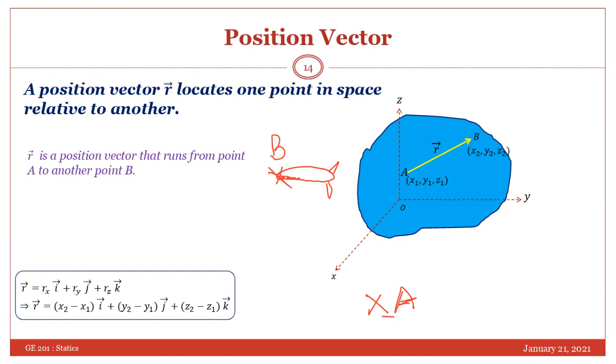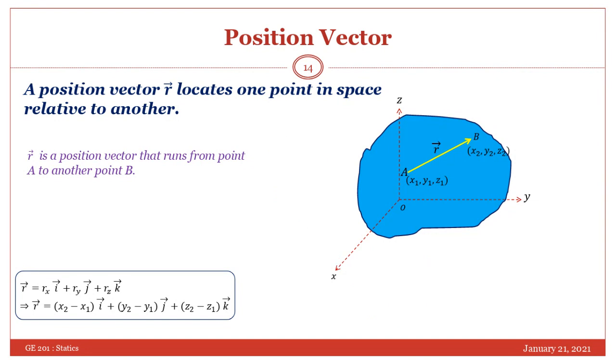So your location and this location can be joined together by an arrow. This arrow will represent a vector that is called the position vector.